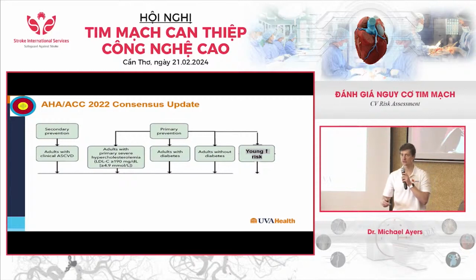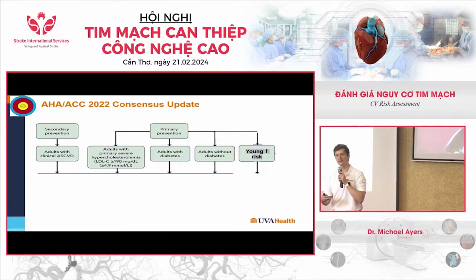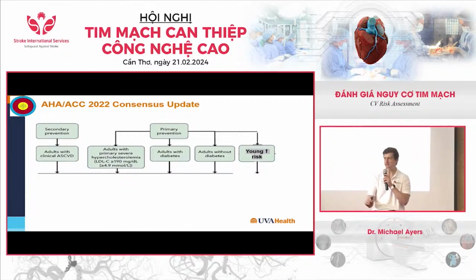This group is adults in whom, after putting their numbers in a calculator, you are seeing an elevated 10-year risk of heart attack or stroke. And then this group's even trickier. These are people who, when you put them in the calculator, their 10-year risk is quite low, but their lifetime risk is quite high. And those are the 5 major buckets.